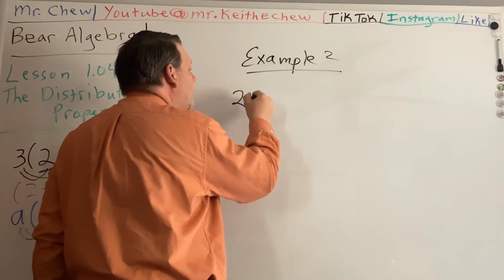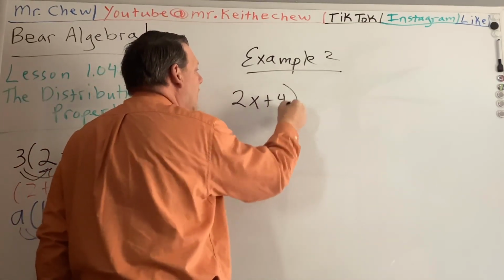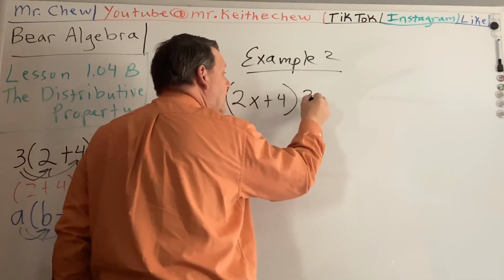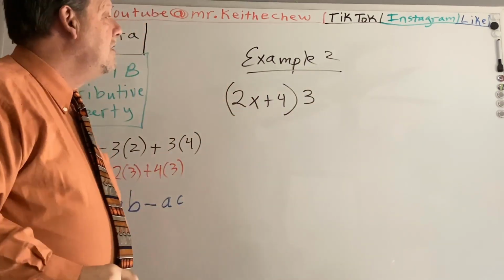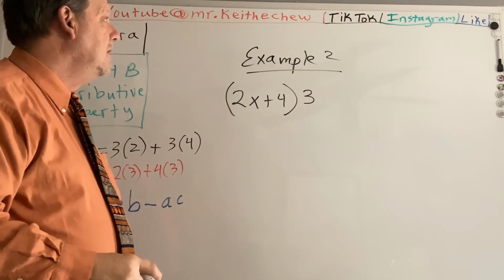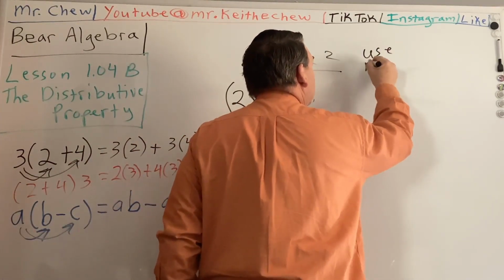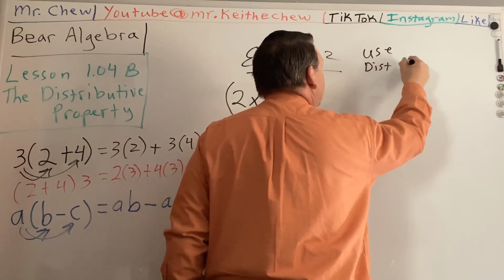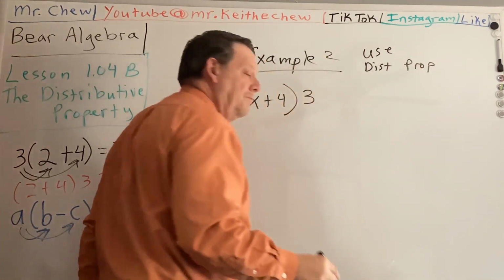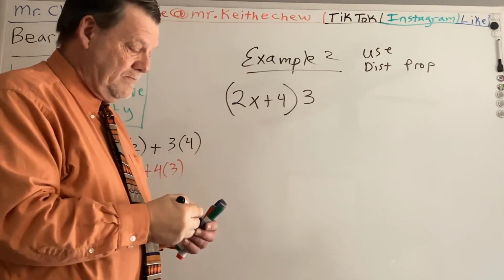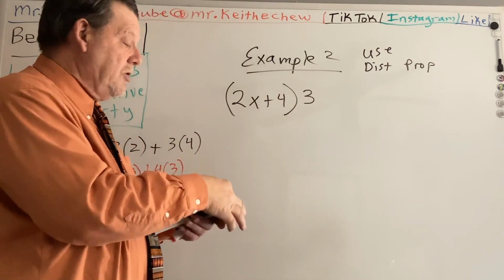So if I have 2x plus 4, and again, remember I told you, you could have the number to the right of the parentheses. We want to use the distributive property to simplify it. So you remember what we said you do?